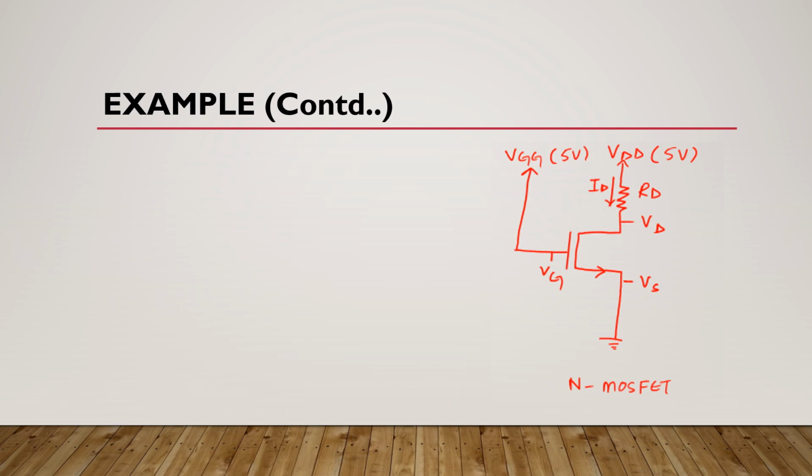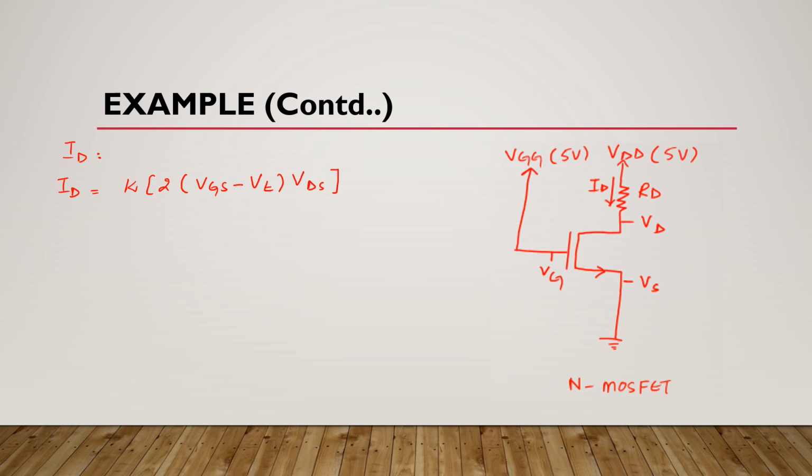Okay, now we will find the drain current ID. We know that the equation of drain current for the triode region is ID is equal to K, and here in brackets 2 multiplied by (VGS minus VT), and here we have VDS.